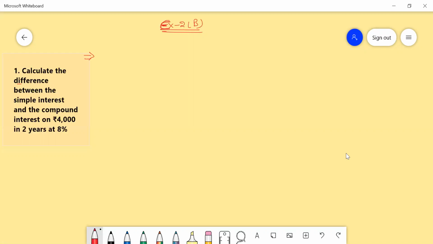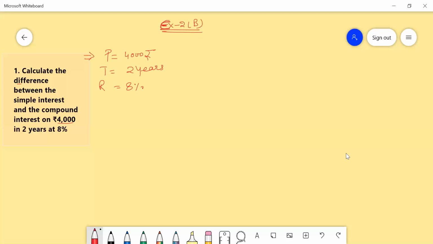So in question number 1, firstly the principal is 4,000 rupees, the time is 2 years, and the rate of interest is 8%, right?